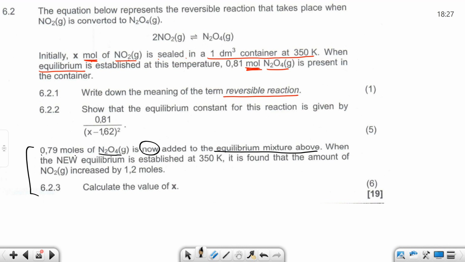The system will reinstate a new what? Equilibrium by favoring the reaction that opposes the disturbance. So it means when we state Le Chatelier's principle.